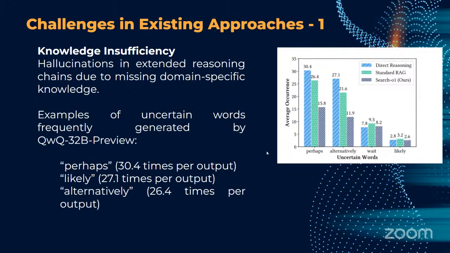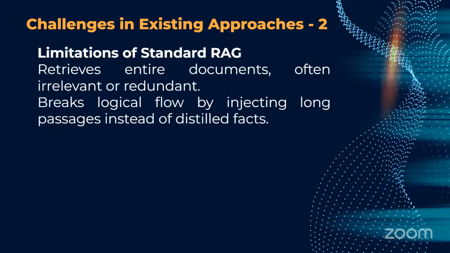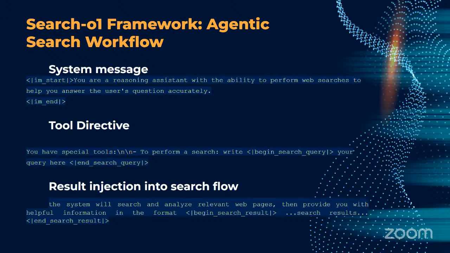The outputs of large reasoning models are usually very large before they refine their reasoning and come up with a cleaner solution. So it has so many hallucinations and uncertain words. And the standard RAG approaches bring unnecessary redundant information. So we're trying to go a step higher from standard RAG, or retrieval-augmented generation.